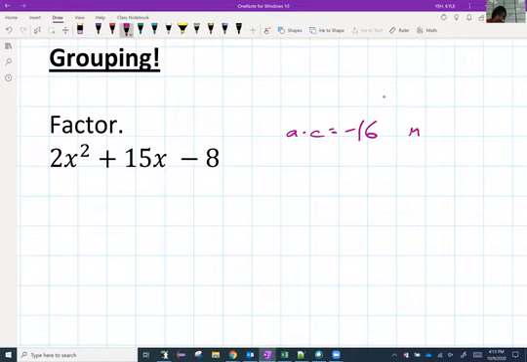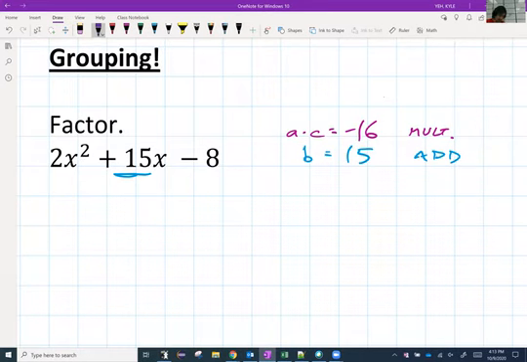So I need two numbers that multiply to be -16. Again, the a is 2, the c is -8. Two that multiply to be that, and add to be b. So still just adding to be our b coefficient. So add to be positive 15, but multiply to be -16.